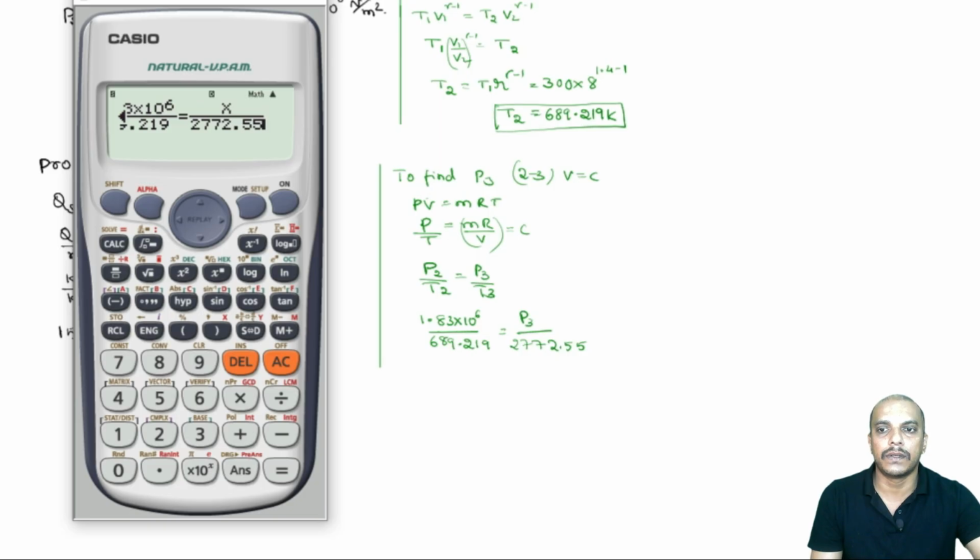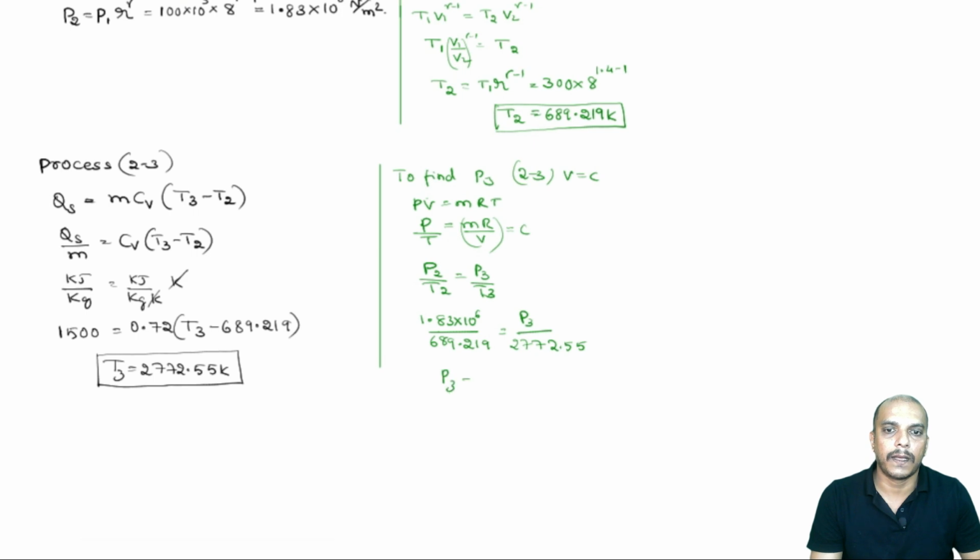Now let us go for shift solve for x is equal to 0. We get P3 as 7.36 into 10 power 6 Newton per meter square.